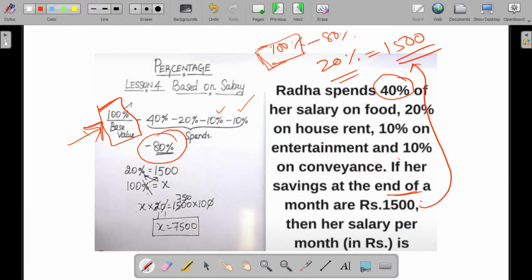We need to calculate for 100%, that means the total salary. For 20 percentage they have given 1500, so for 100% how much? That is X. You just calculate it and you will get 7,500. Okay, next.